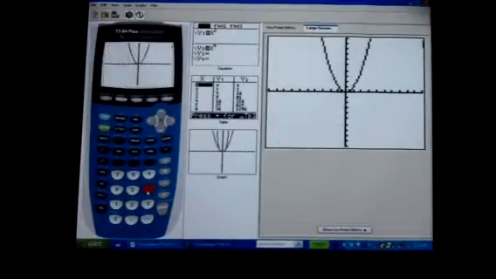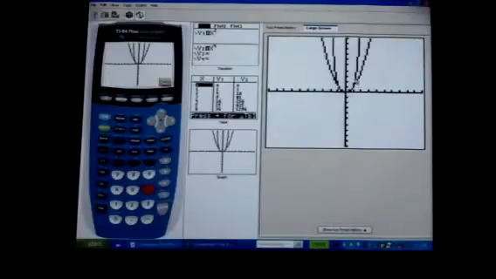Now look at the graph. That's x squared, and the second one is x to the 4th. Now, the x to the 4th is this one. Look up at the picture for a minute there. The inside parabola is the x to the 4th.